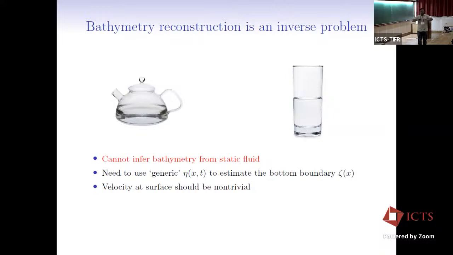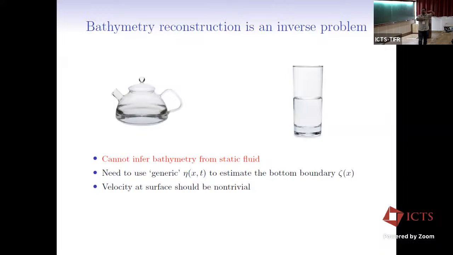Flat water can fit into any container, which means you should not be able to tell the bottom boundary if the water is flat. This is a form of ill-posedness, which is basically saying there is data, eta equals 0, that corresponds to an infinity of solutions of the bottom boundary. So if you want to invert this map, you've got this null space going on, right?